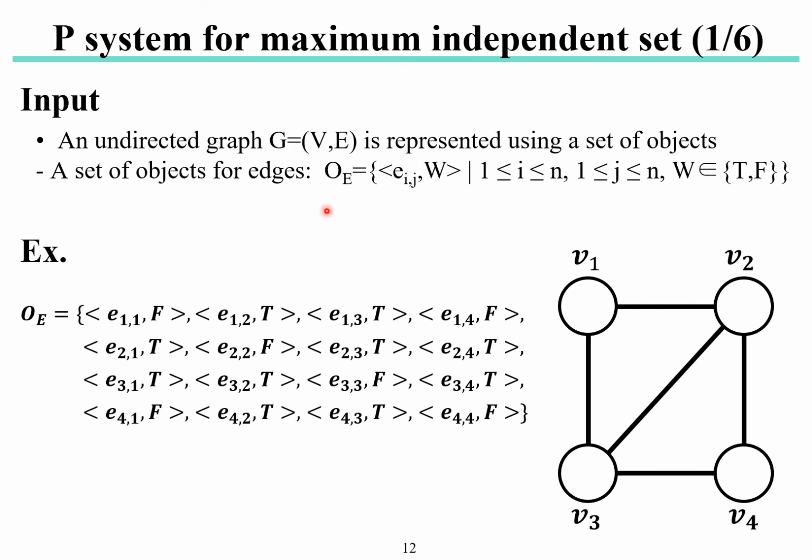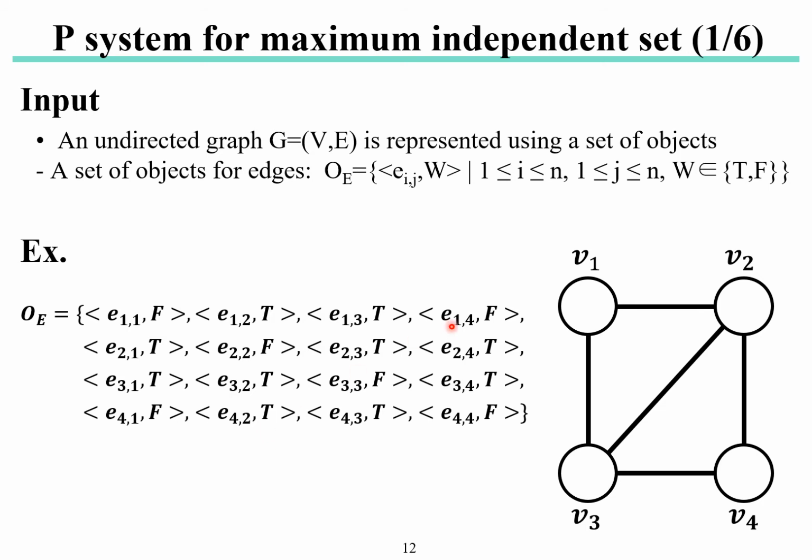For example, let's assume this graph is an input for our proposed P system. In this case, OE is given as a set of 16 objects like this. These objects denote whether each edge exists or not.